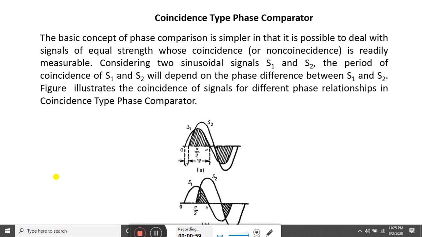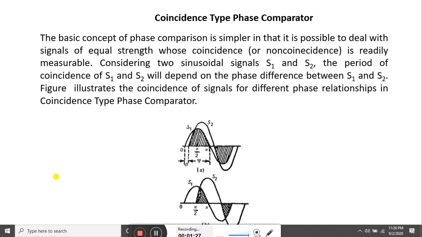The concept of the coincidence phase comparator is that sometimes it is required to compare two signals when there is a coincidence, but this coincidence will change depending upon the phase difference of the two signals.